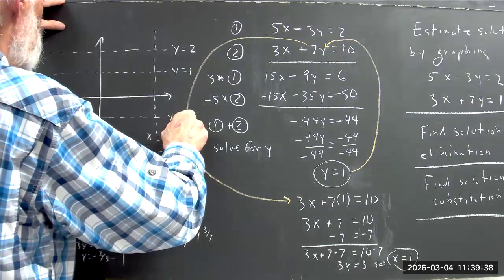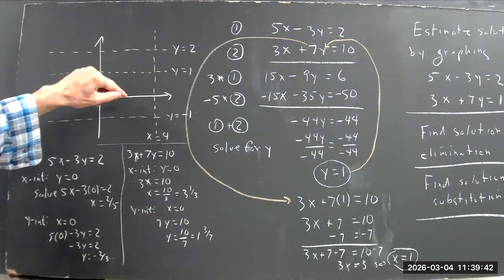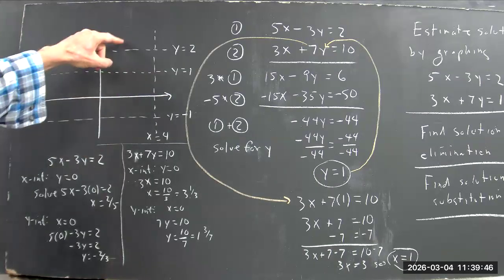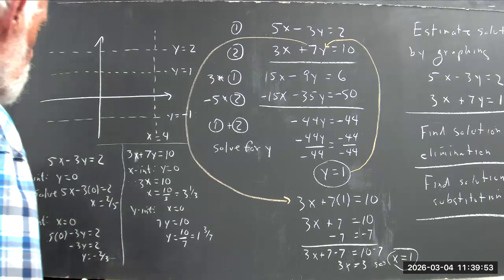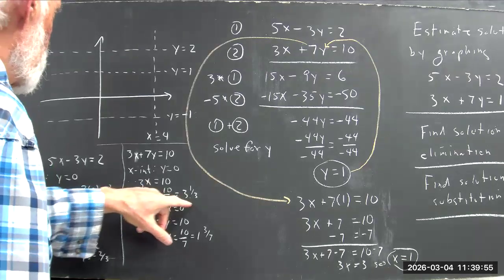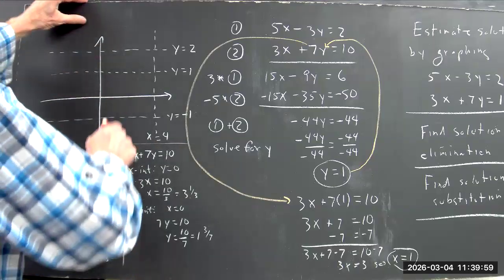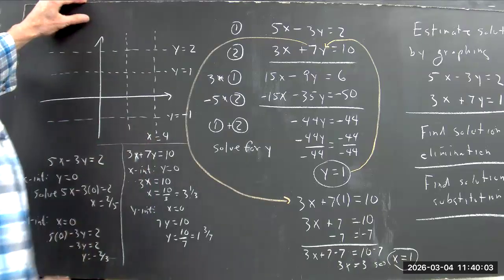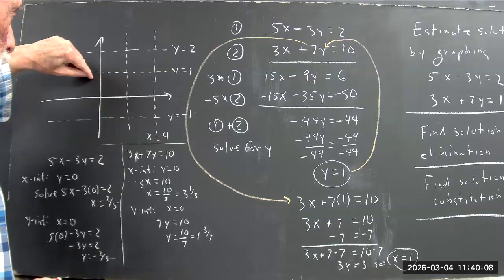Okay. Now, I've got my y equals 1 line, so I'm going to sketch a y equals negative 1 line, so that the y equals 2, y equals 1, y equals 0, which is the x-axis, and y equals negative 1 lines are all pretty equally spaced, and then I can subdivide within those lines. Now my x's, well, I've got the line for x equals 4, so just to get a scale, I divide between x equals 4 and the y-axis, where x equals 0.